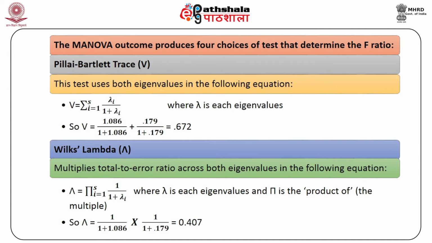The second method is the Wilks lambda, which is shown as an inverted V. The Wilks lambda multiplies the total to error ratio across both eigenvalues in the following equation, which is shown on the screen as inverted lambda, pi, equal to 1 upon 1 plus lambda, where again lambda is each eigenvalue and pi is the product of them. So, the inverted V or Wilks lambda turns out to be, upon substitution of the eigenvalues, 0.407.